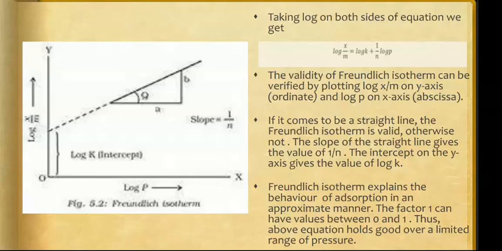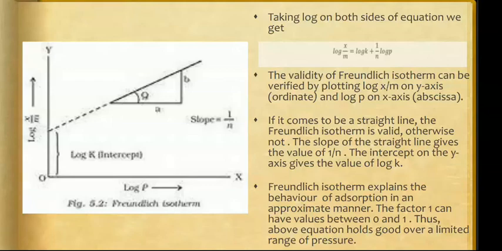If the gas is not obeying, then it will not come out to be a straight line. The slope of this graph gives us the value of 1 upon n, whereas the intercept is log of k.